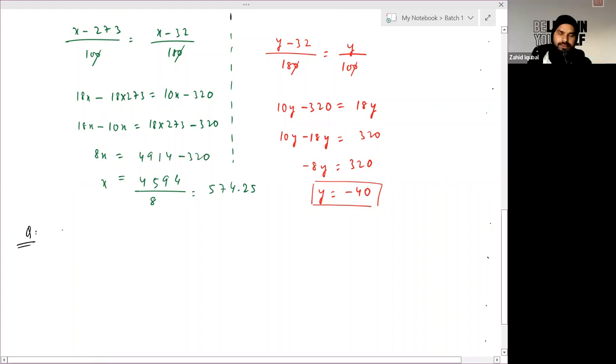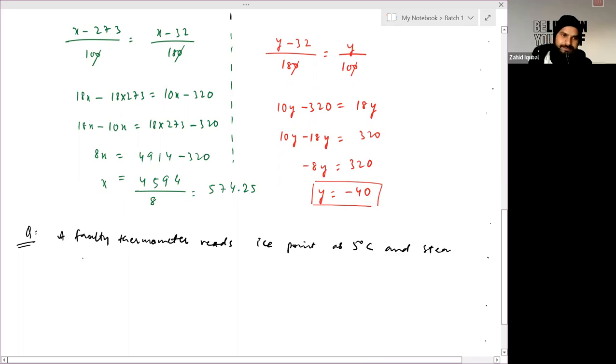You'll be asked, suppose there exists a faulty thermometer that reads the ice point as 5 degrees Celsius and the steam point as 95 degrees Celsius.